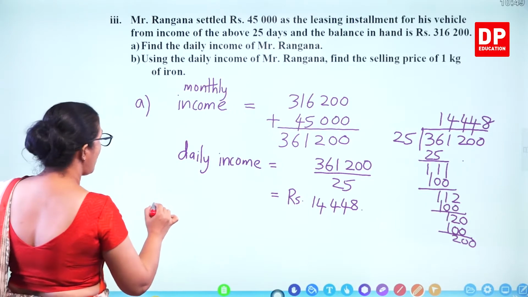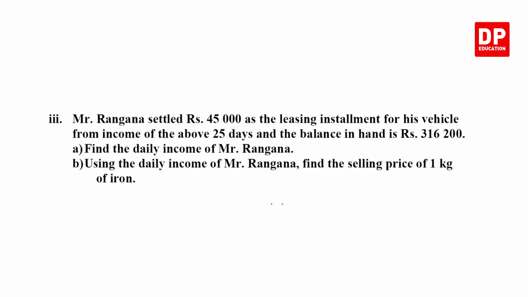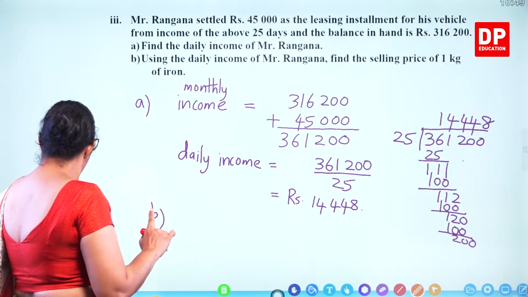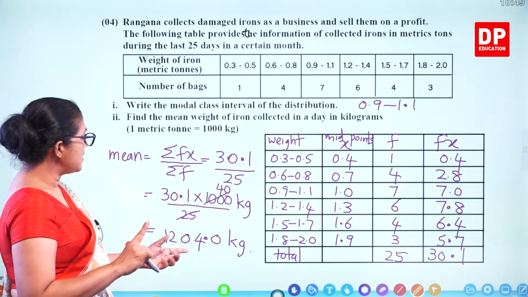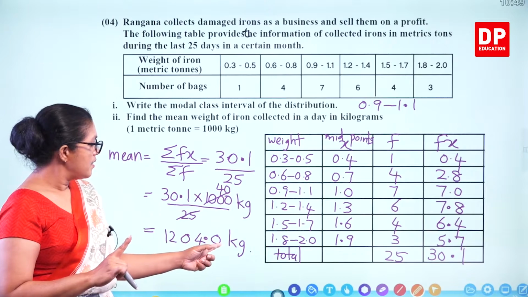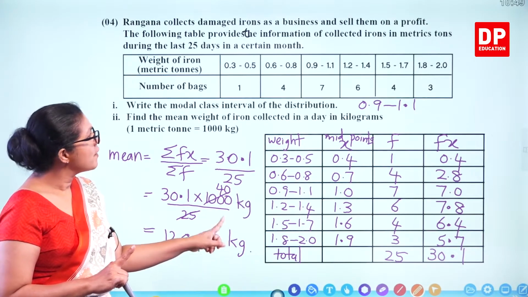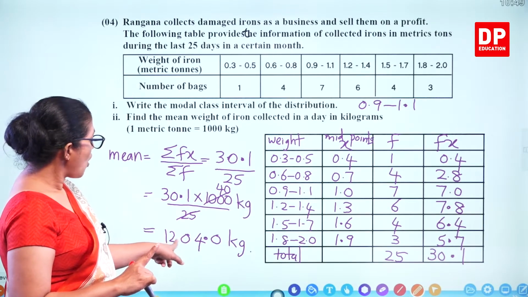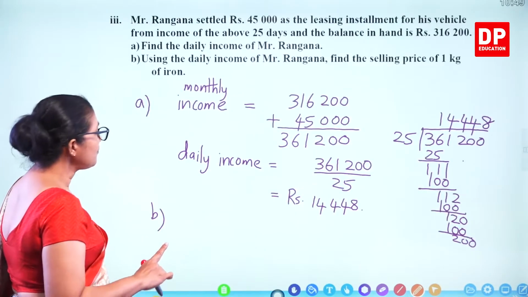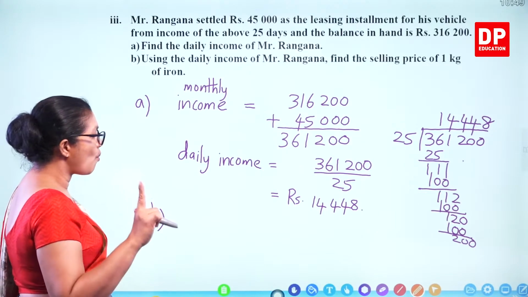Then the second part, it says, using the daily income of Mr. Rangana, find the selling price of 1 kilogram of iron. So, mean means this is 1 day, the average number of kilos. So, 1204. So, you can find out for 1 kilo.